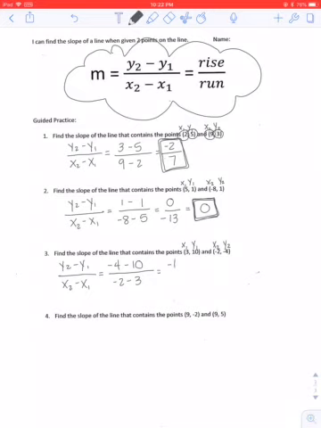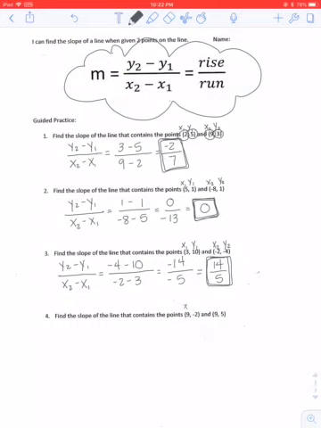And I end up with negative 14 over negative 5. When you have a negative over a negative, remember your integer rules. That means our slope would end up being positive 14/5 because a negative divided by a negative is a positive.